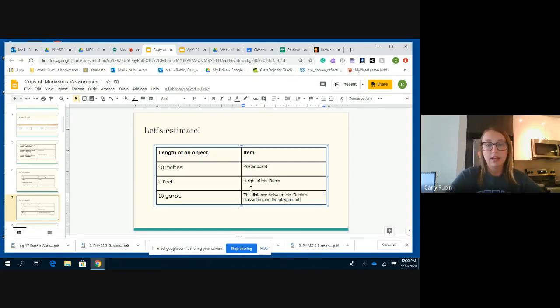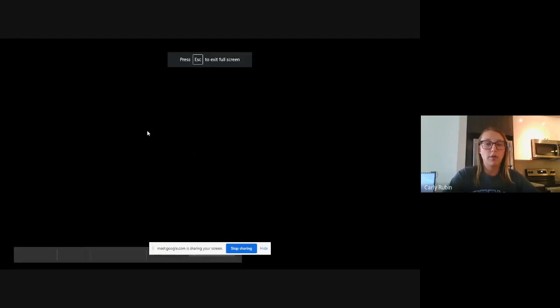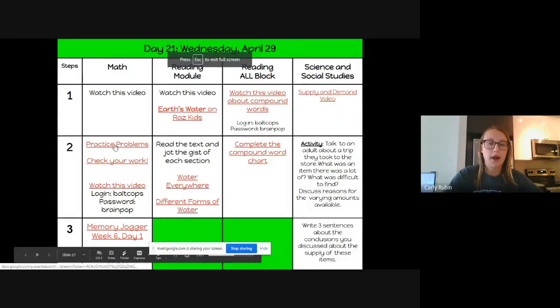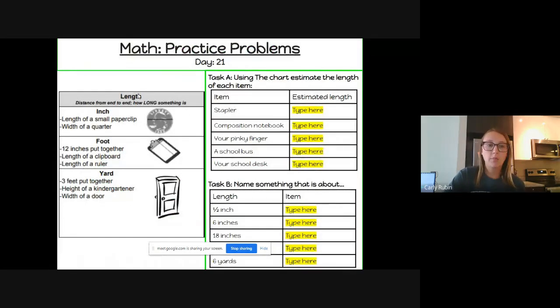So now it is going to be your turn to do some estimations just like I did. So what you're going to do is you're going to go to the slides and you are going to click on the practice problems. And there's this chart here to help remind you about how long in inches, how long a foot is, and how long a yard is.